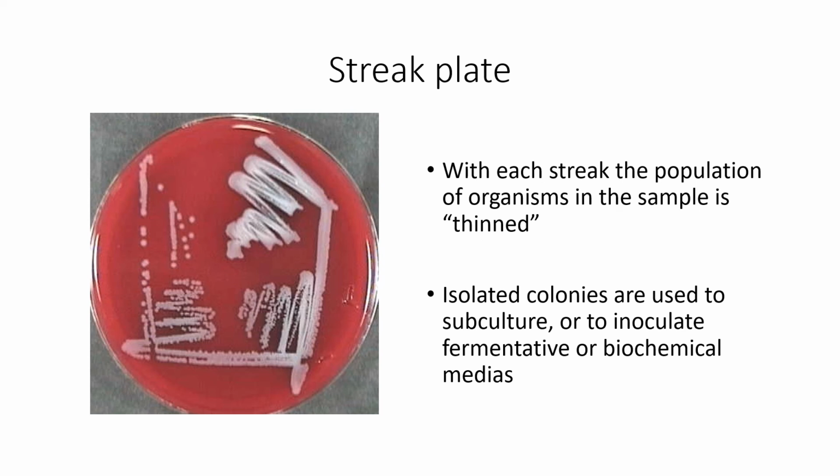You can see in the image on the top left that we have isolated colonies. We didn't actually make those dots of colonies. Those colonies just appeared thinned out, and each organism is in a colony form because it has been thinned out by streaking from one quadrant to the next.